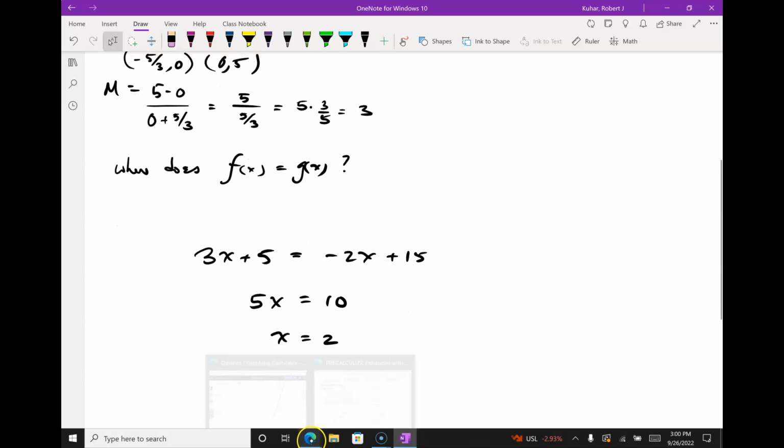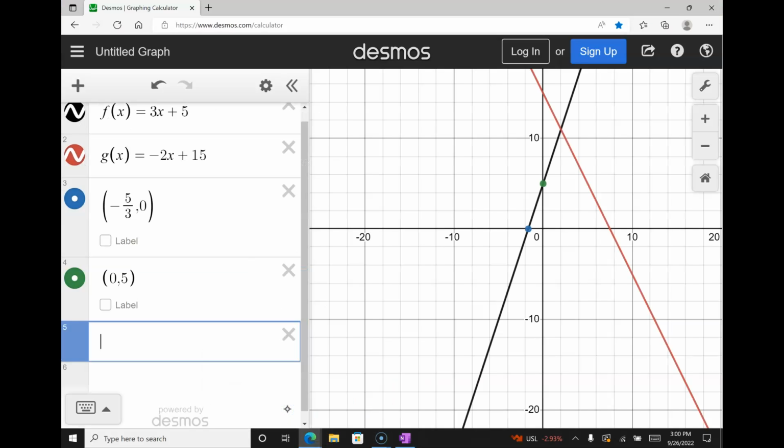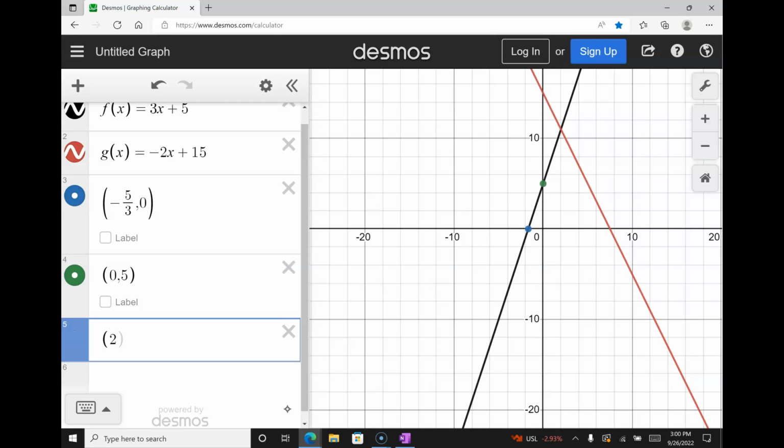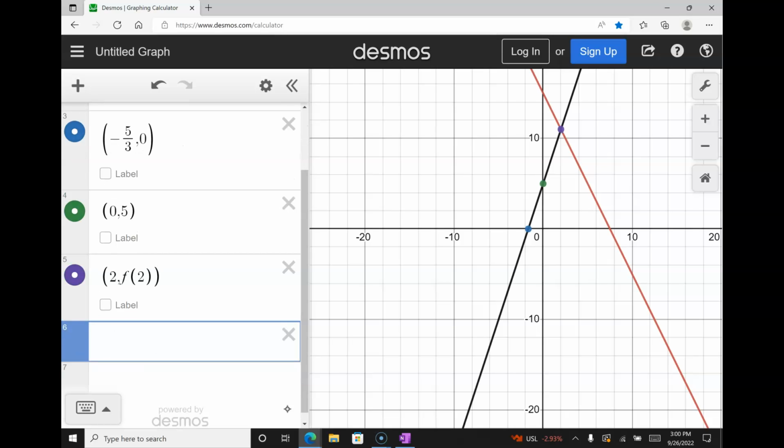What's nice is I can now just check that on Desmos with this point, (2, f of 2), right? I don't even need to know that height, but I can just see, is that hitting where they're matching, where they're crossing? Once I know the x value, I can just plug that x value into f or g to get the height.